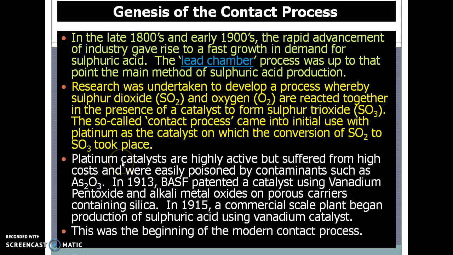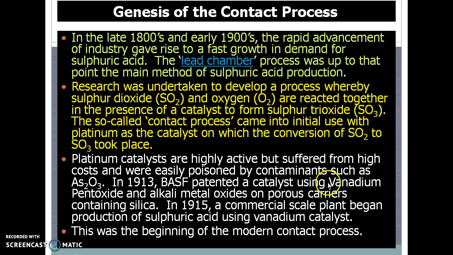First it came with a platinum catalyst, but that catalyst has a problem: it easily gets poisoned with contaminants, arsenic, sulfur, SO2. So then they came out with another catalyst, vanadium pentoxide on an alkali metal oxide porous carrier containing silica.